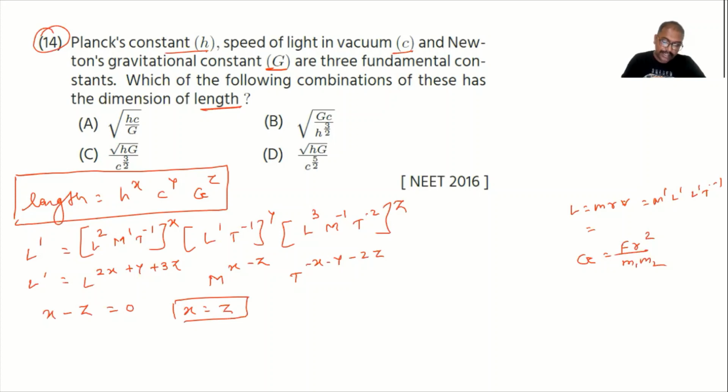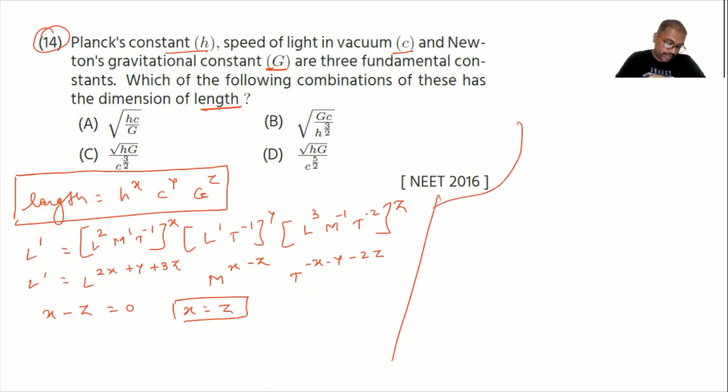Next, by equating the power of L, we get 2X plus Y plus 3Z is equal to 1.